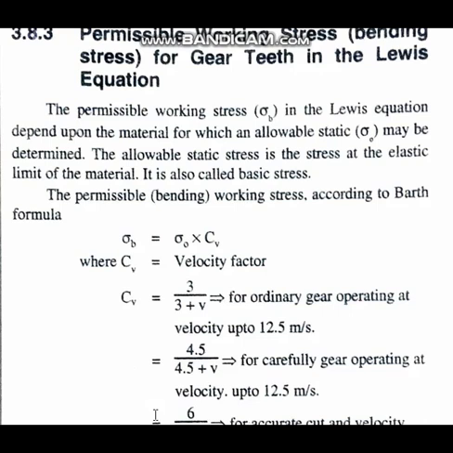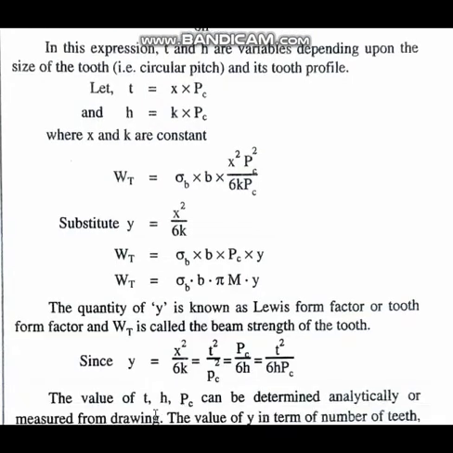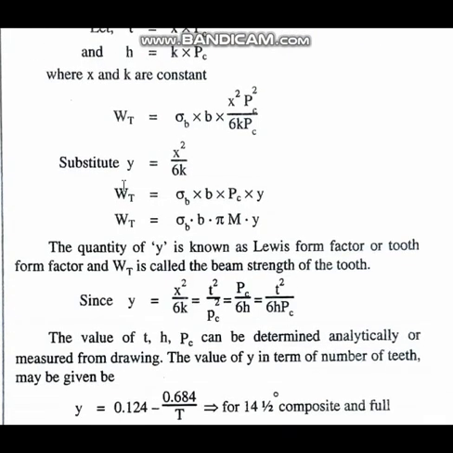You see this equation, which is the Lewis equation: W is equal to sigma b into b into pc into y. This is the Lewis equation that is necessary to estimate the bending stress as a cantilever.